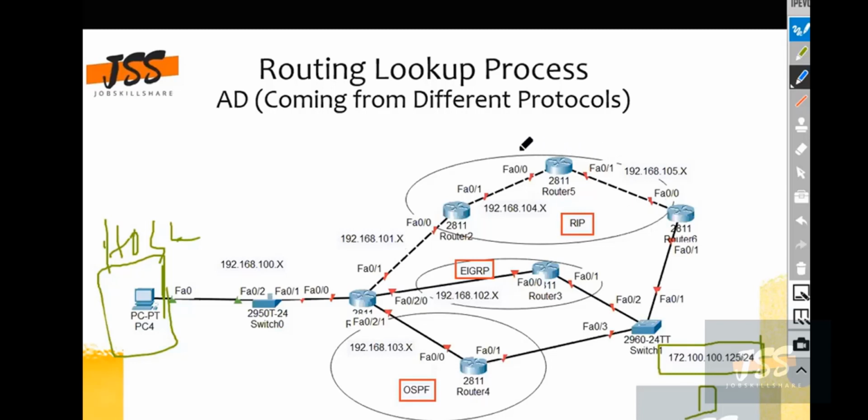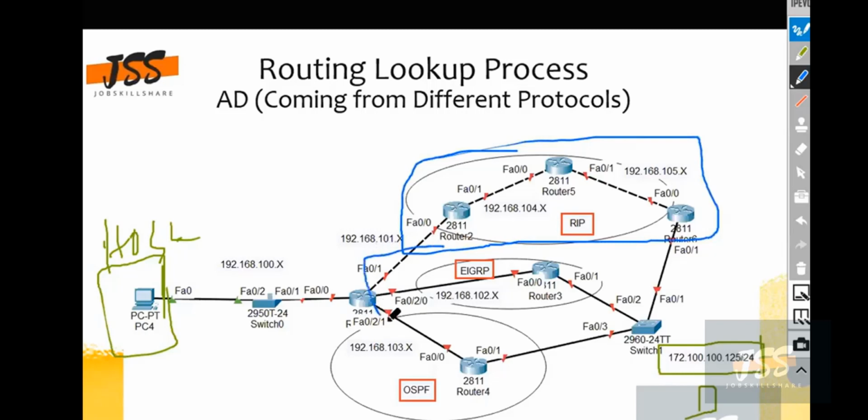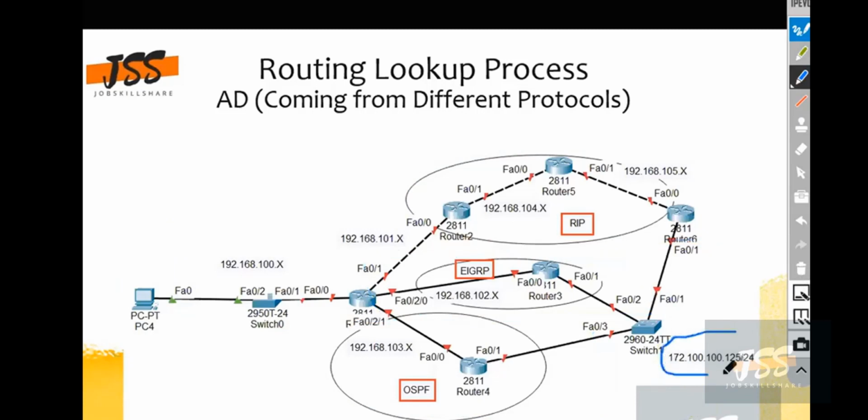Like this, we have a RIP domain, we have an EIGRP domain, and we have an OSPF domain. So it means for the same destination prefix, this router is learning from multiple paths as well as protocols. As I mentioned, RIP, EIGRP, OSPF.